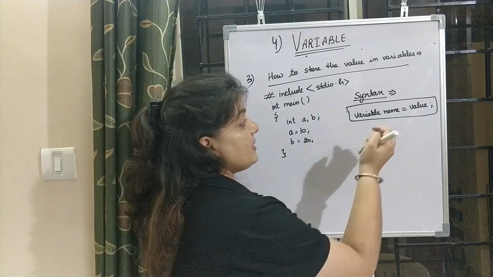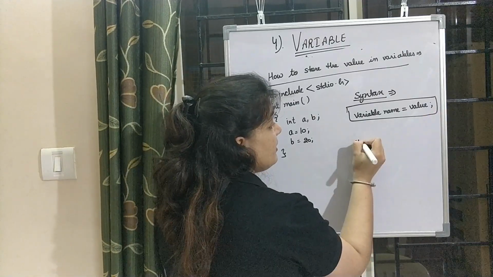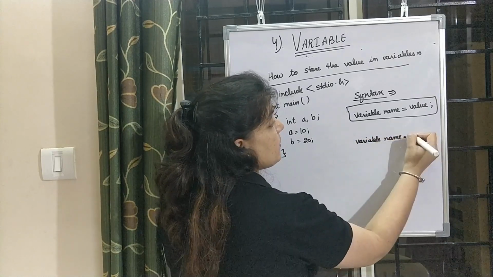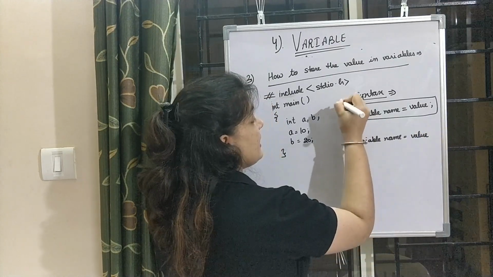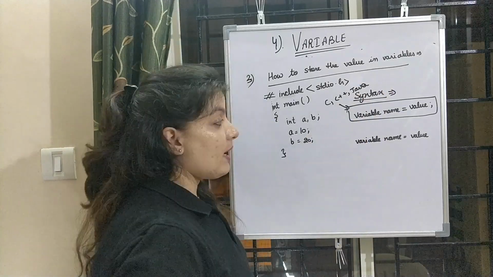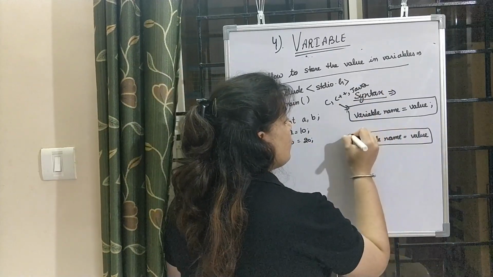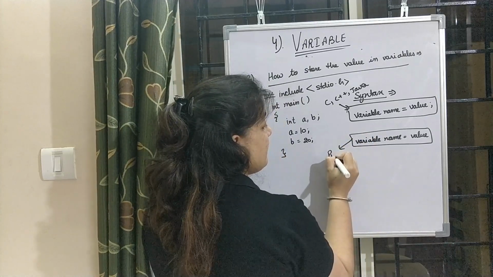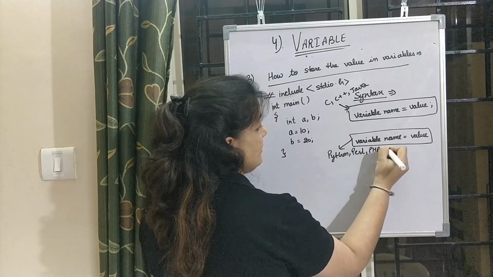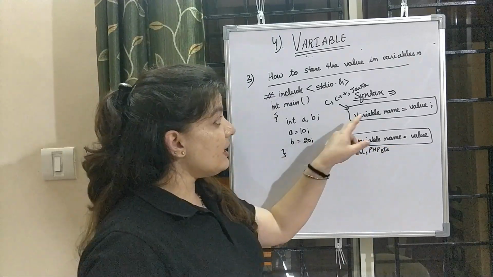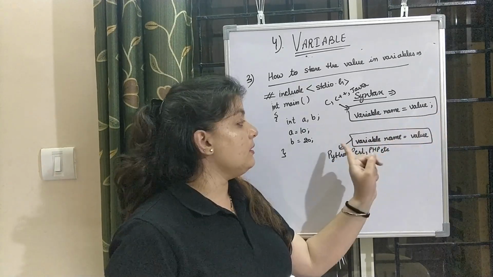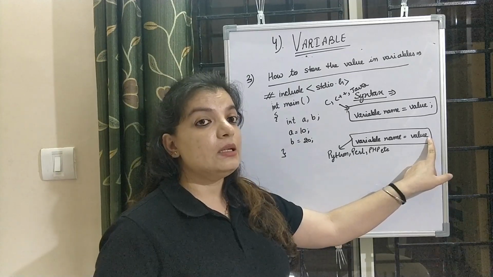So the syntax is almost the same, with only a little difference: variable name is equal to value. This syntax is for C, C++, Java or any compiler based programming languages, and this syntax is for interpreted languages like Python, Perl, PHP, etc. So the only difference is: variable name is equal to value, end with a semicolon, or don't need to end with a semicolon.